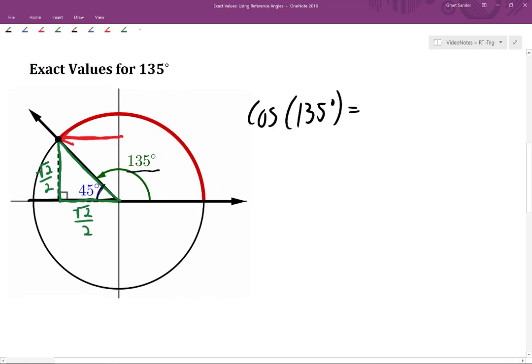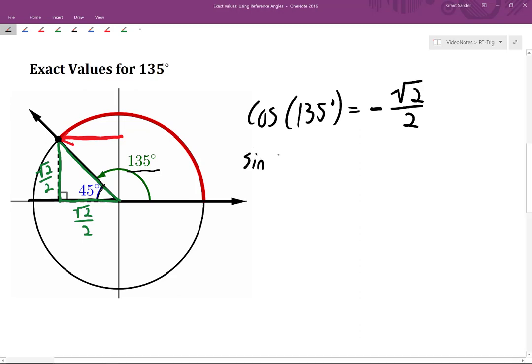So in this case, cosine of 135 degrees should be related to square root of 2 divided by 2, but the output of cosine should be negative because the terminal point is actually to the left of the vertical axis. And therefore, cosine of 135 degrees is actually negative square root of 2 divided by 2. It's very much related to cosine of 45 degrees, but we have to pay attention to whether or not we want a positive or negative value for that.